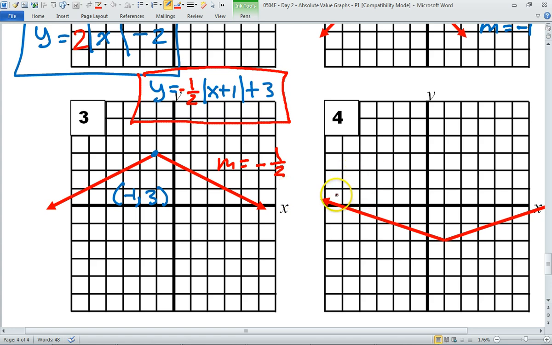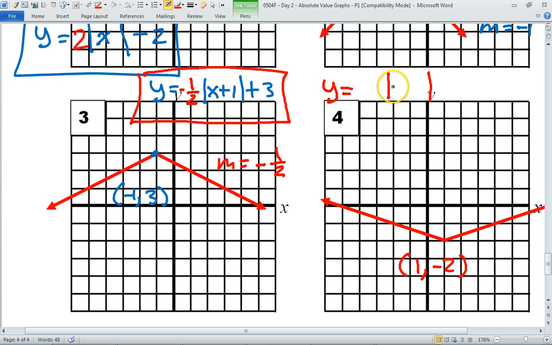Hunter, give me the vertex. 1, negative 2. Tell me what that means in terms of writing the equation. Leave the extra number in the front for the end.